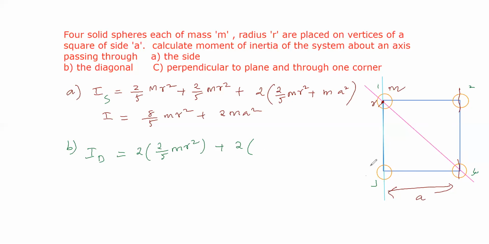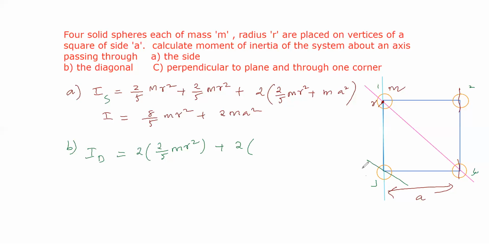We assume the axis passes through the center of mass. About this axis we need the moment of inertia: it equals the moment of inertia about the axis through the center of mass plus mass times the square of the perpendicular distance between the two parallel axes.